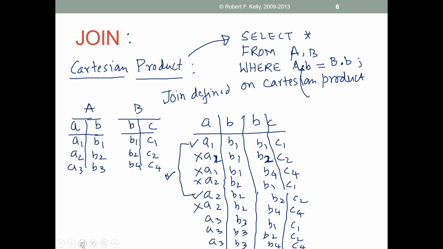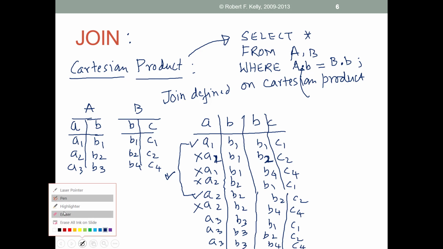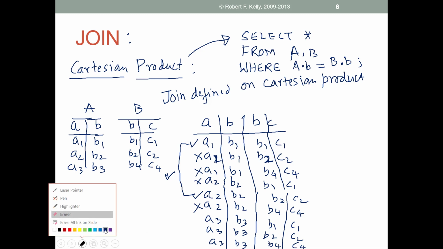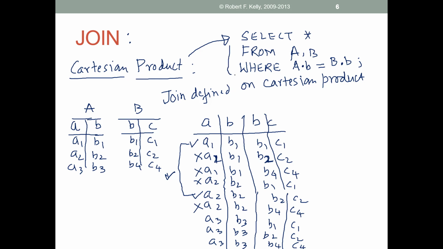Alright, so I hope you are following this. I will add one more note here and then I'll take you to my lecture slides. What you have done here, this way of making a join, is called an implicit join.